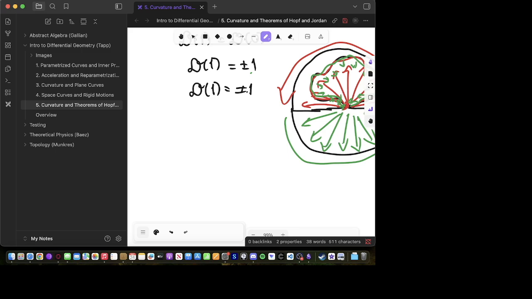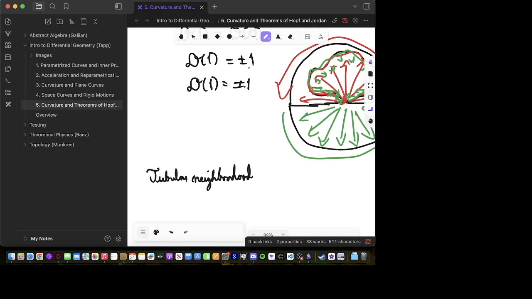So before we prove the second theorem, the Jordan curve theorem, we're going to look at something called a tubular neighborhood.